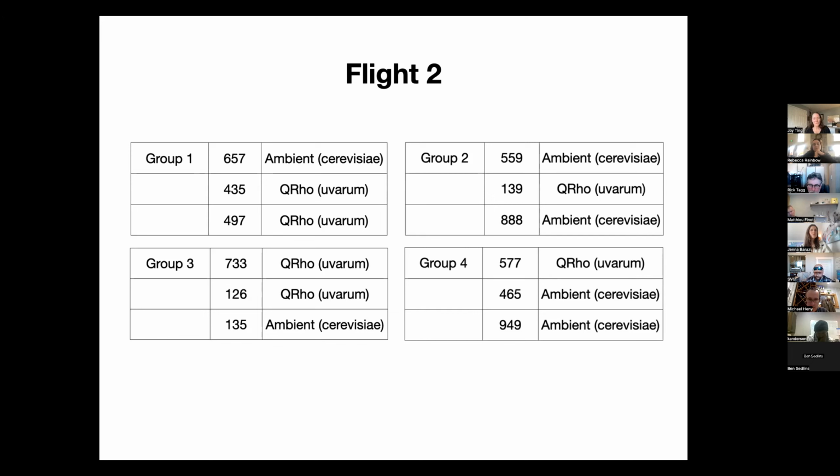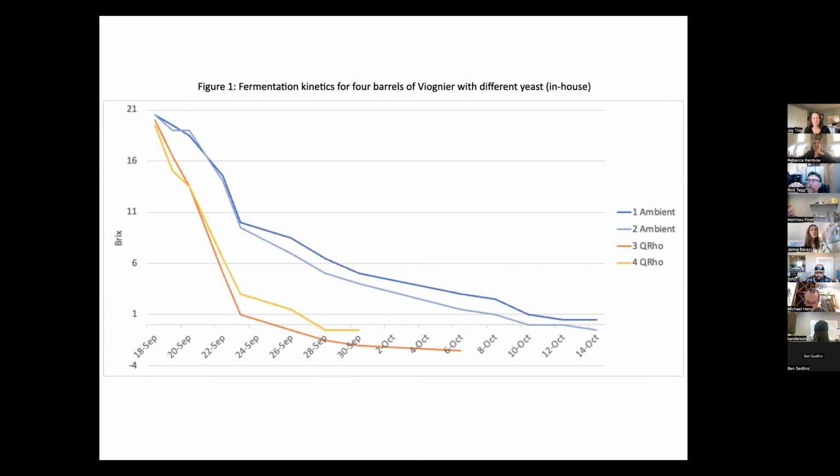So Rebecca, tell us a little bit about how fermentation went. It went pretty well for the inoculated barrels with the Q row. The ambient ones, as I said, there is a gradient in the tank, and since we pulled from the bottom that had little to no fermentation activity to start with, it didn't have enough yeast or whatever, and it had to be restarted at the beginning of October just to get it through, because I was worried about it going through malolactic fermentation.